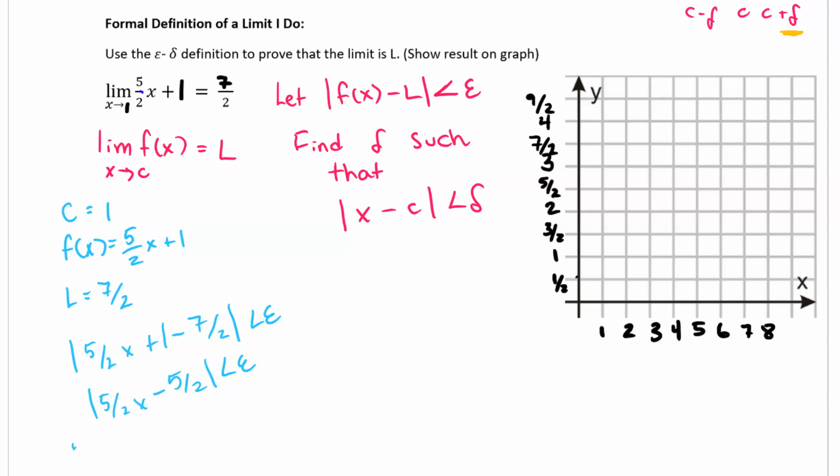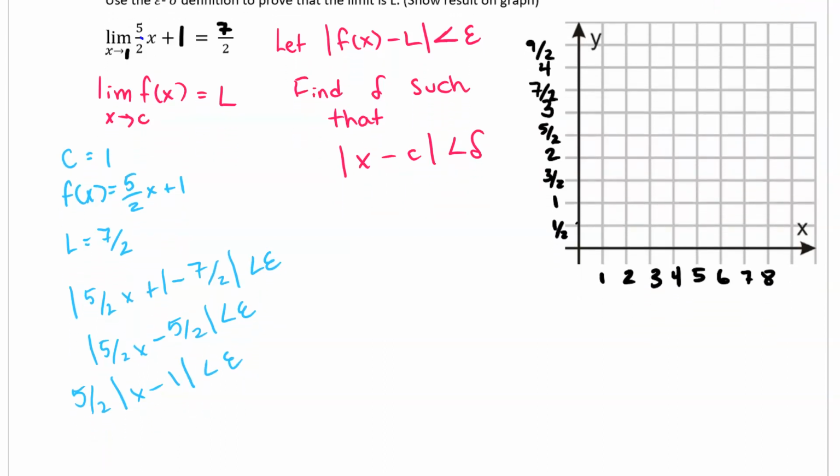And then our greatest common factor here is 5/2. So we take that out. And we want to have it match with our x minus c, which in this case would be |x minus 1| less than delta. So our goal is to get this x minus 1. To do that, we have to get rid of the 5/2. And then we'll have something that we recognize.